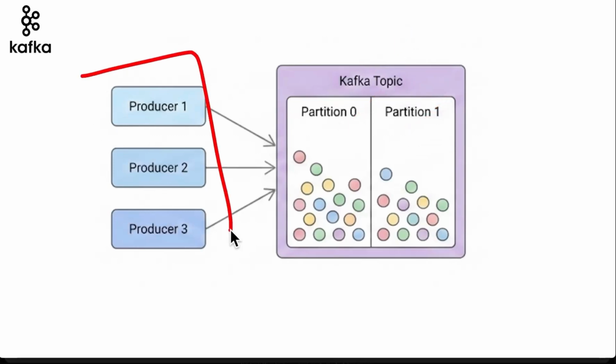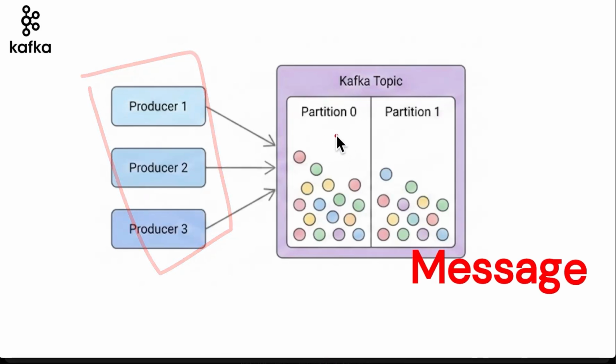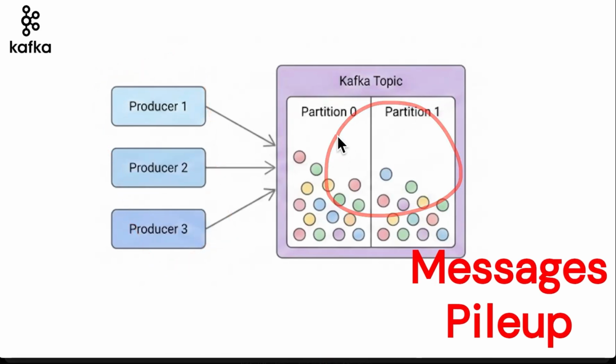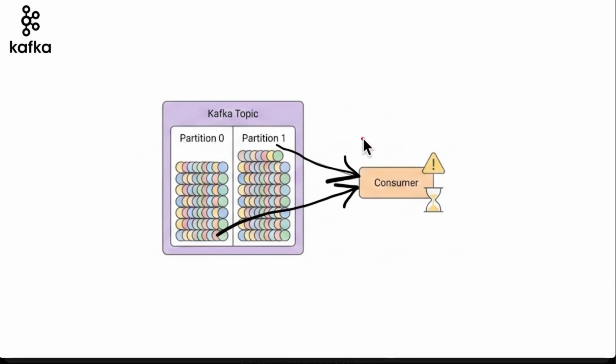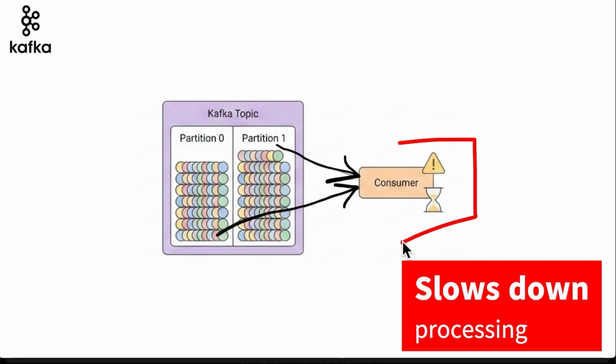When all these producers produce messages, the messages pile up in both the partitions. And what is the problem there? Think you have just one consumer reading from the topic. Because there are two partitions, the same consumer is reading from partition 1 as well as from partition 2. That is why the bottleneck happens. So it becomes slower.